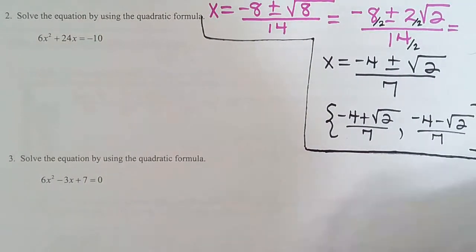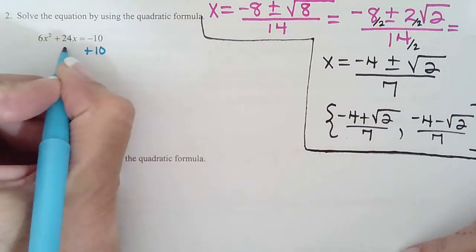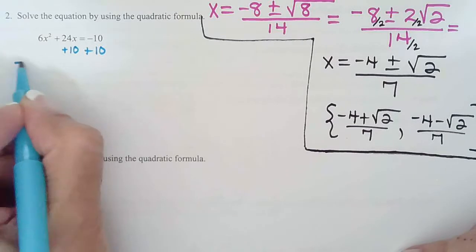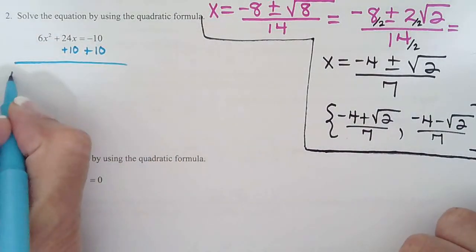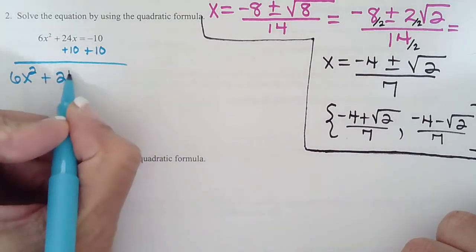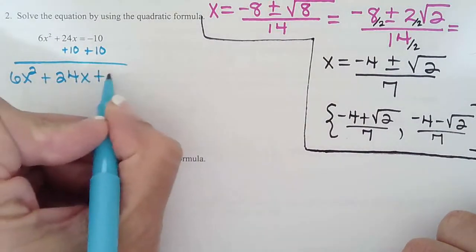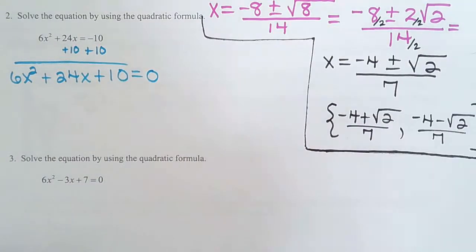So to set it equal to 0, this one's going to need add 10, add 10. And remember, you can't add 10 to 24x. They're unlike terms, so make it into 3 terms: 6x squared plus 24x plus 10, and now we'll have 0 on the right, and that was our goal.